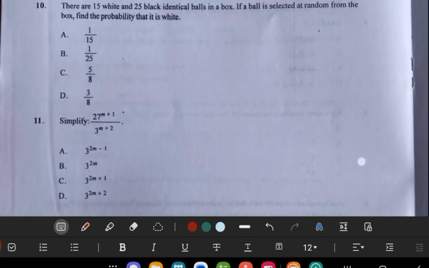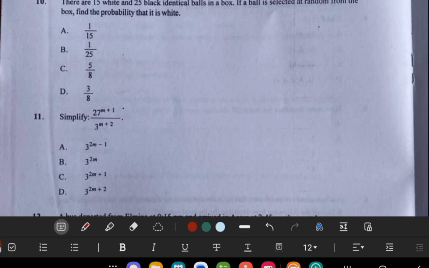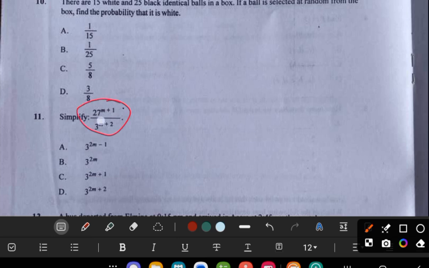Question 11. It has to do with indices. So in order to work this out, we have exponents here. So looking at it and analyzing, we can see that we can do something to get the same base. The base for this is 27, and the base for this is 3.